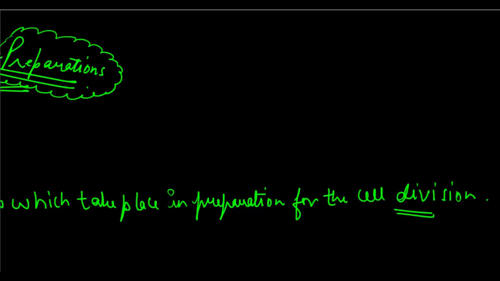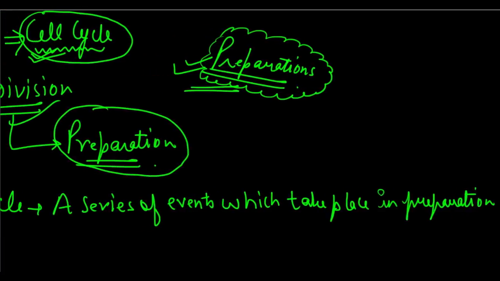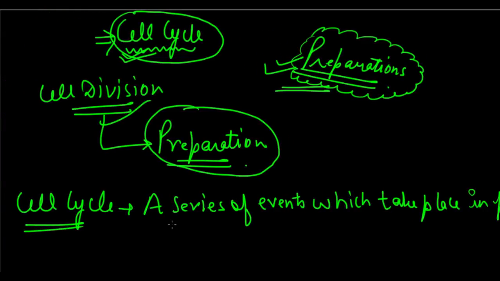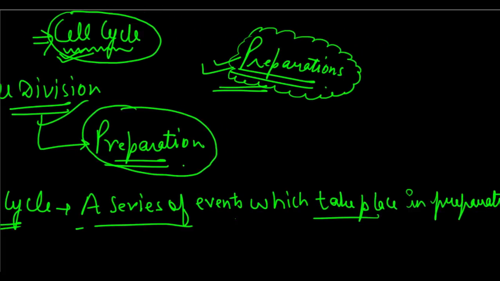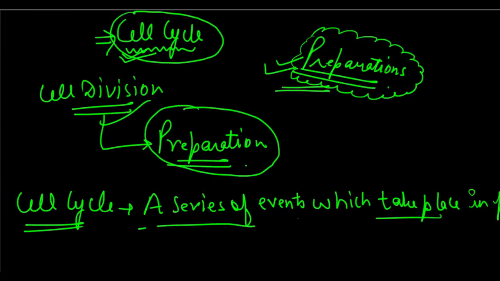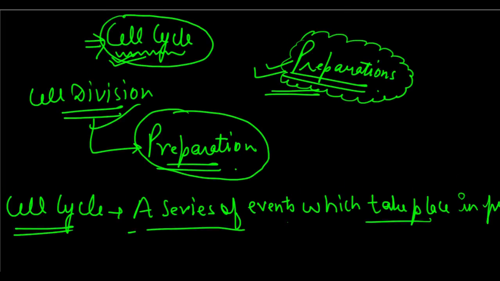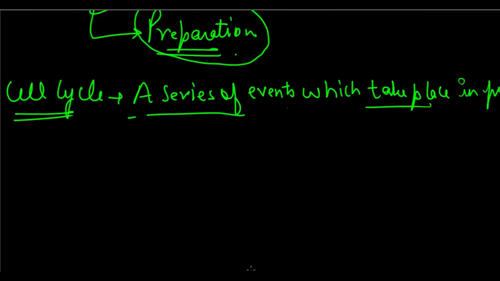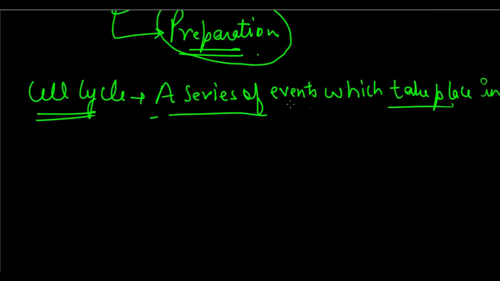Very essential to understand. Cell cycle is those series of events which take place in preparation for the cell division process. So today we're going to look at the different phases and the events involved in the cell cycle. This is what we're going to focus on today.